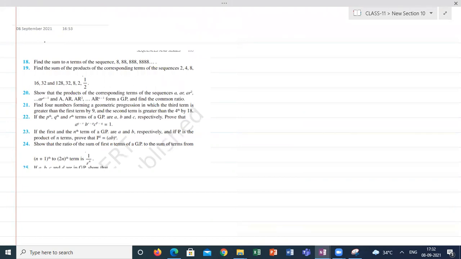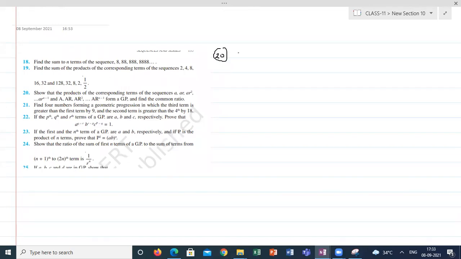Show that the product of the corresponding terms of the sequences a, ar, ar square, ar power n minus 1 and capital A, capital AR, capital AR square, and so on up to capital AR power n minus 1 is a GP. Same kind of question. Students, it looks the same as the previous question.